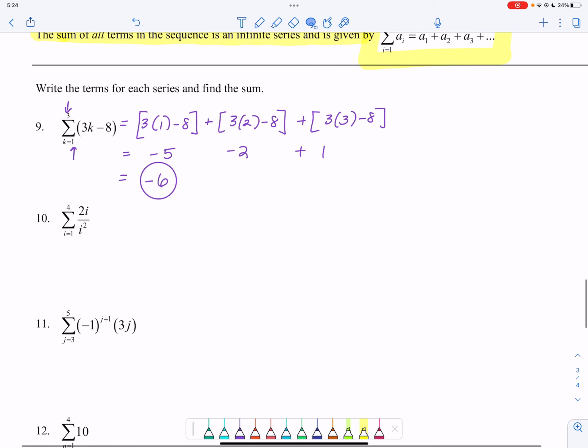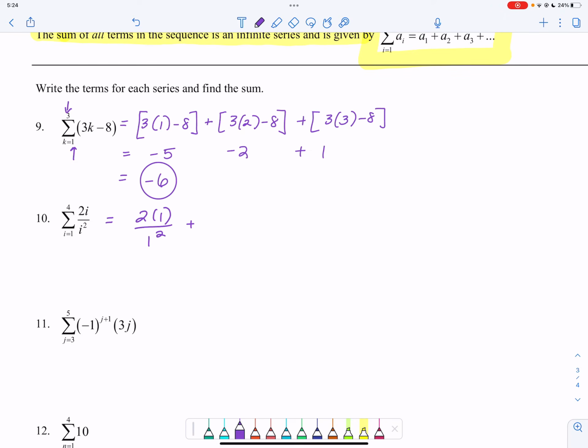Okay, let's take a look at number 10. In number 10, we're going to start with I equal to 1. So our first term will be 2 times 1 divided by 1 squared. Now we'll move on to I equal to 2.